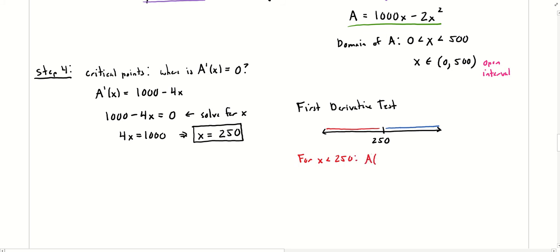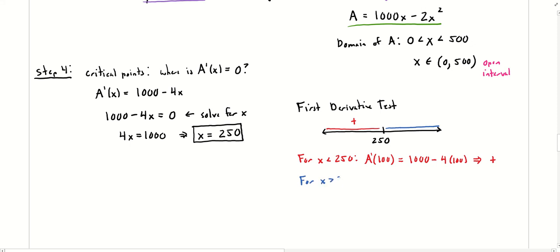So I'm going to try to use A prime of, let's do 100. 100 is pretty easy. This is going to be 1,000 minus 4 times 100. And remember, I don't really care about the value here. I just care about determining if this is positive or negative. 1,000 minus 400 is positive, so I have a positive first derivative to the left of 250.